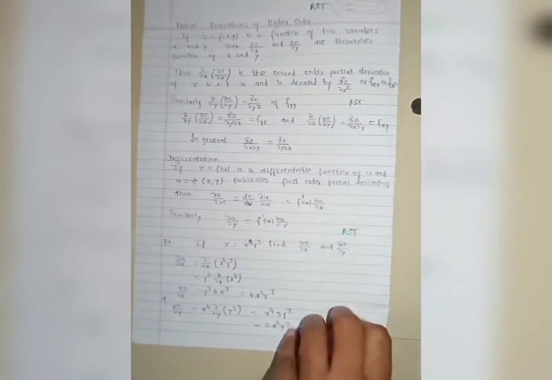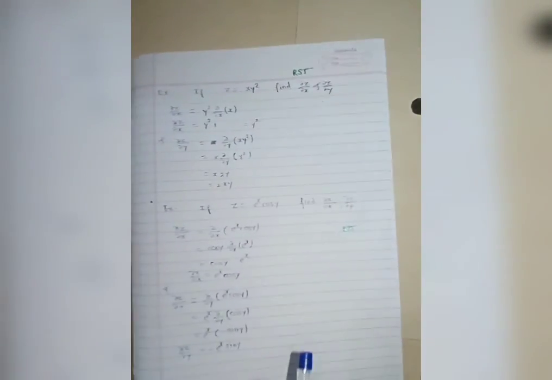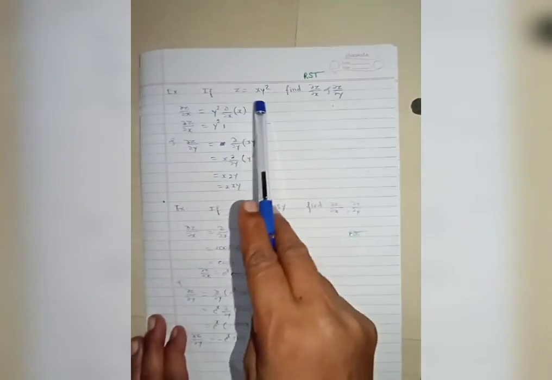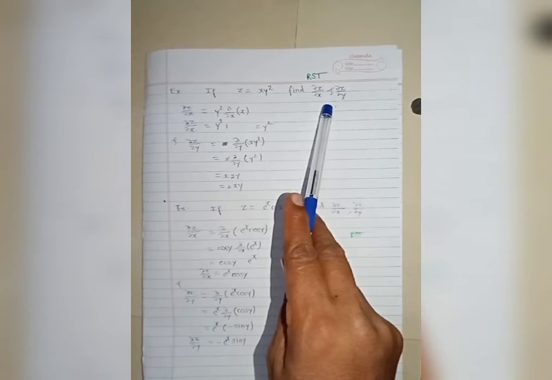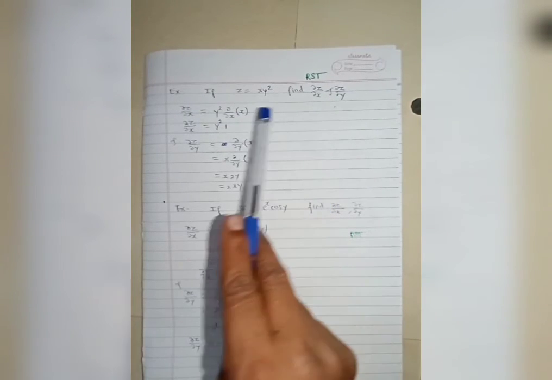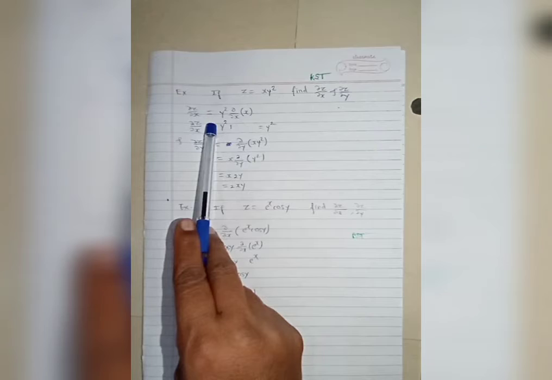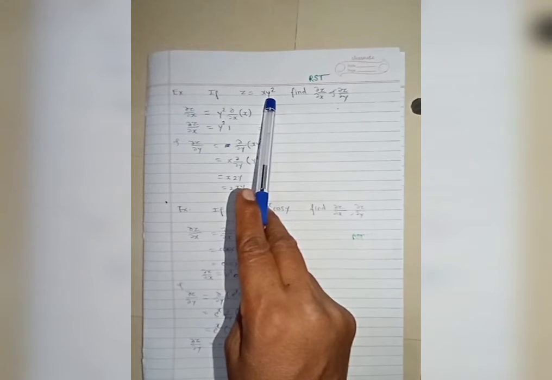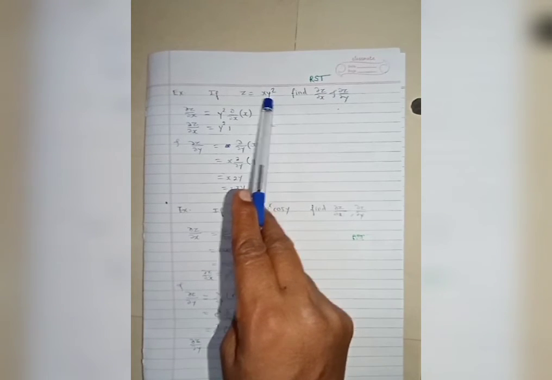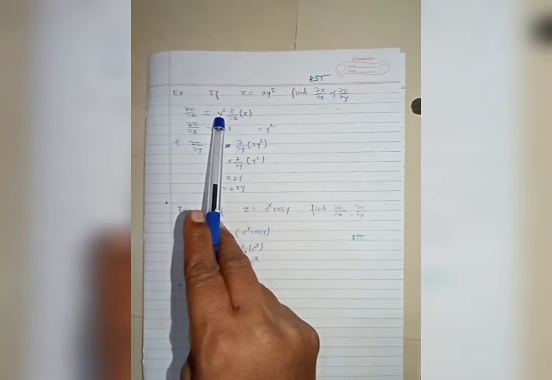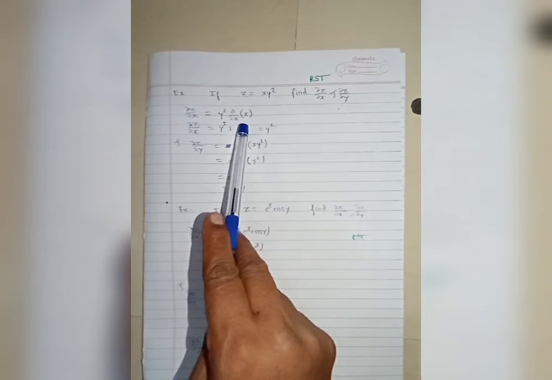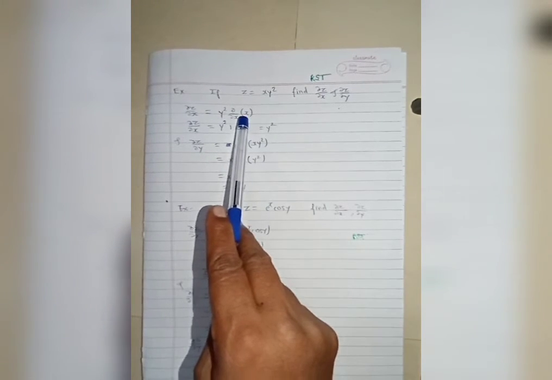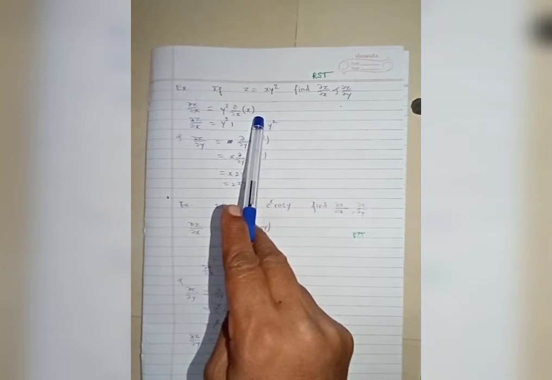Now we consider the next example. If z equals x y square, find ∂z/∂x and ∂z/∂y. For ∂z/∂x, we have to take the derivative of z with respect to x, so with respect to x, y remains constant, so take y square outside and take ∂/∂x of x only.